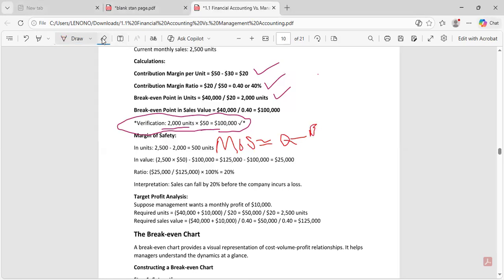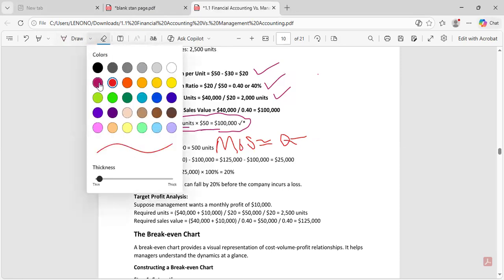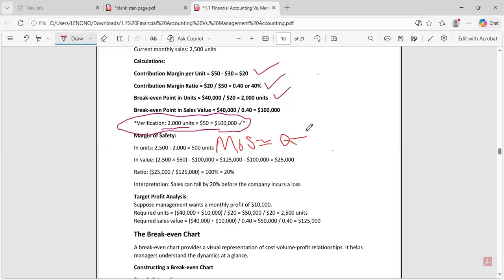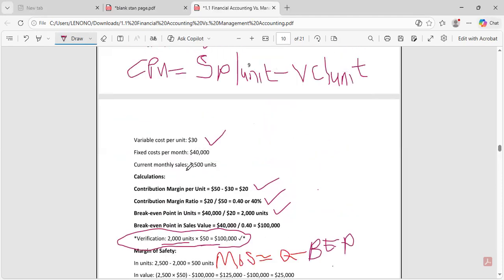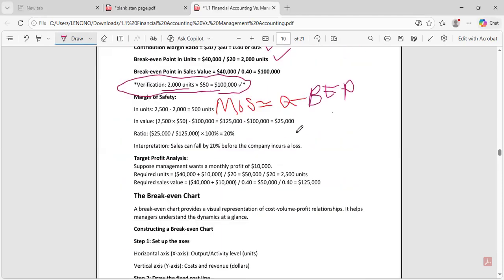So these are the units they are selling, 2,500, minus the BEP of 2,000. It gives us a margin of safety in units of 500 units.